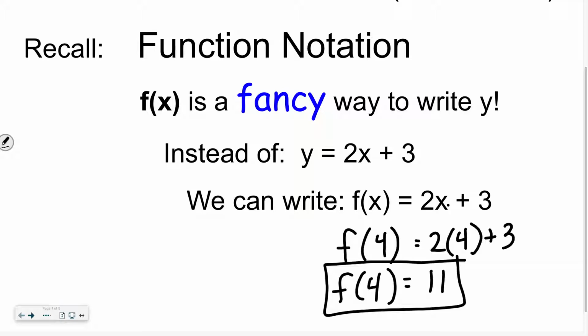If I put the function notation there, f of 4 equals 11, you know y is 11 when x is 4. And then I would have f of 0 equals 3. So you know y is 3 when x is 0. So it's giving you more information about the function. It's giving the x-coordinate and the y-coordinate together without having to write words.